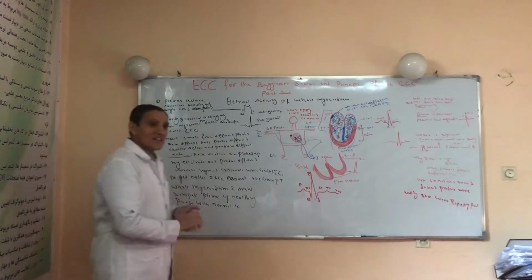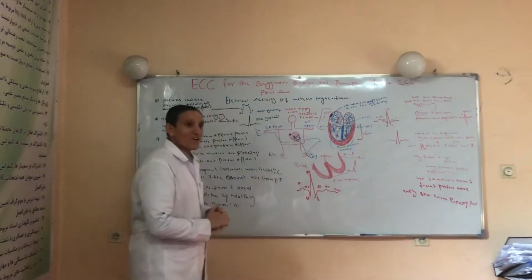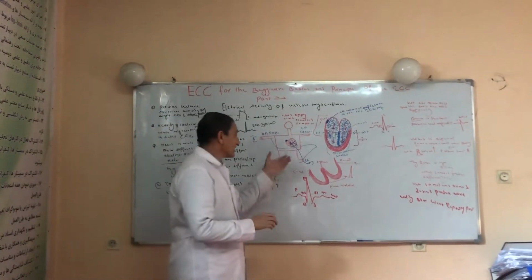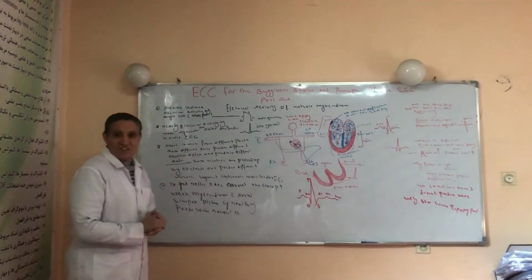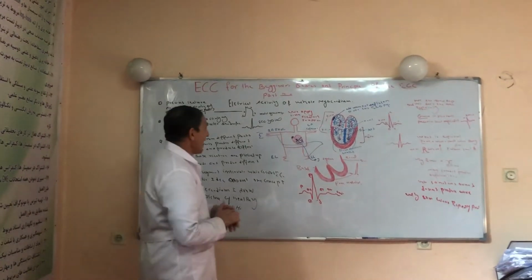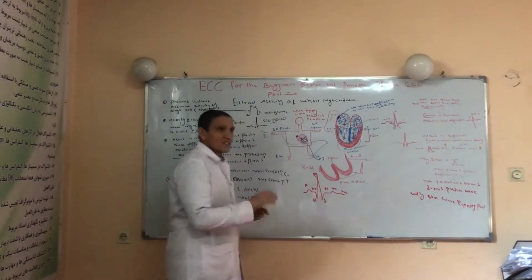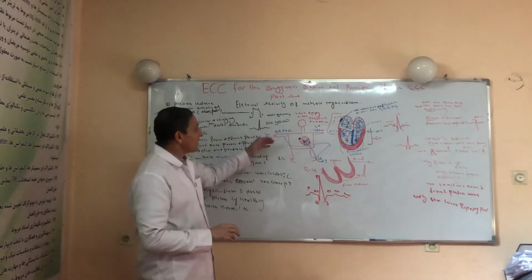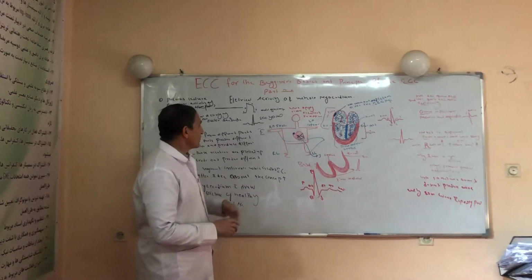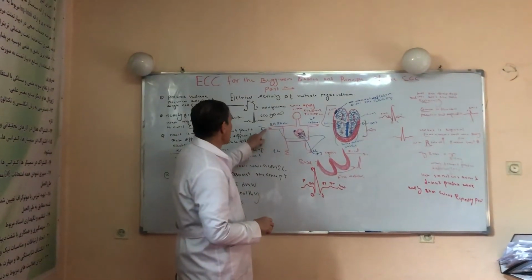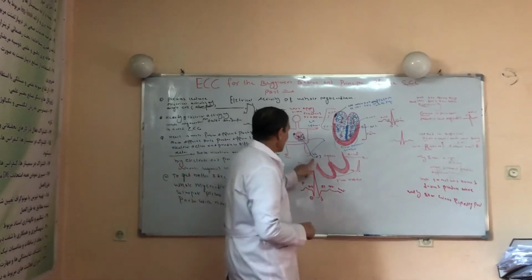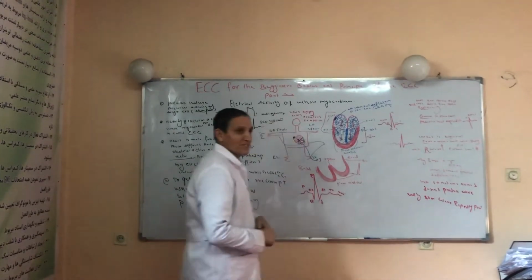To get a better idea about the concept of the whole myocardium, I drew a simple picture of a healthy person. This gentleman is a healthy person and has a normal heart. Then we apply standard limb electrodes to the upper and lower extremities of this person, with our focus especially on one electrode here, which is a negative electrode, and another electrode here, which is a positive electrode.